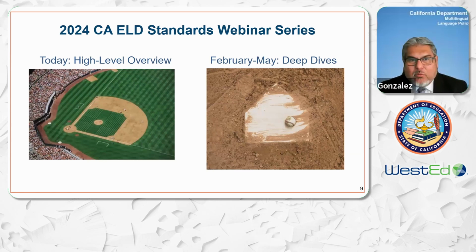And just like the picture on the right shows a baseball on a baseball plate, the remaining webinars that will be presented from February to May of 2024 will provide a deeper dive into the proficiency level descriptors, the ELD standards part 1, part 2, and part 3, and other valuable content from each chapter of the publication. Future webinar dates and registration links will be provided later in this webinar.